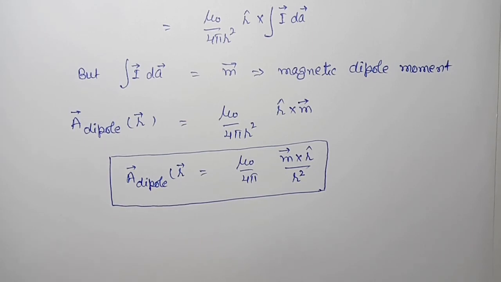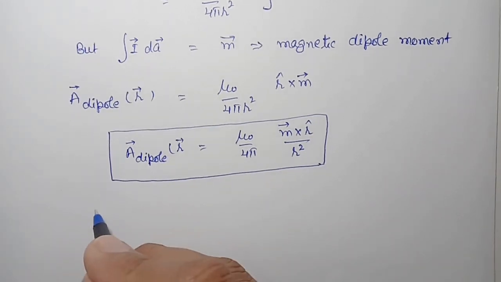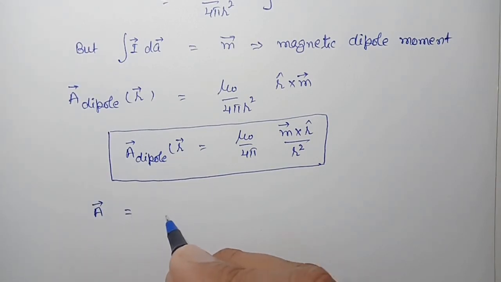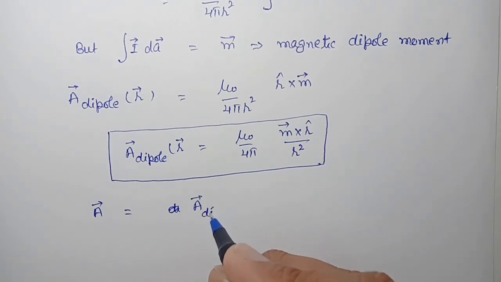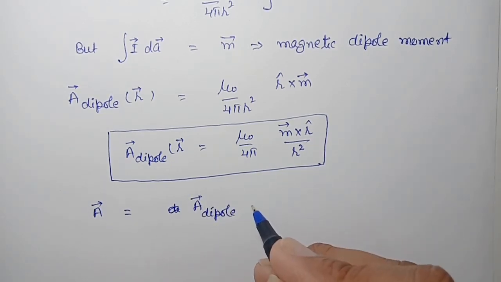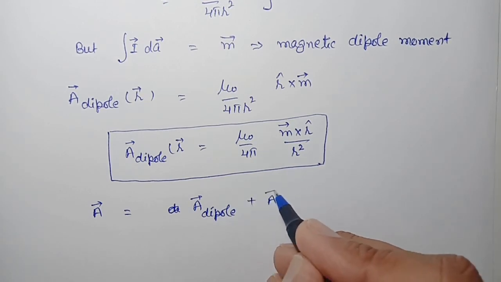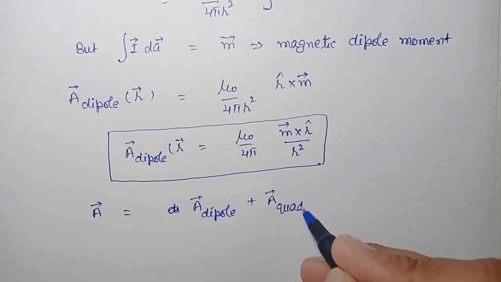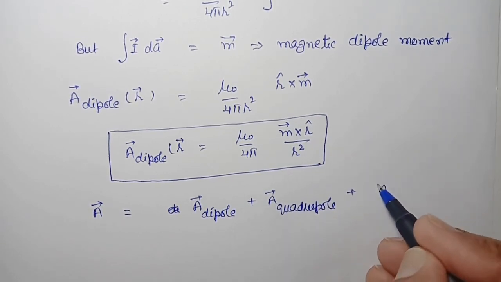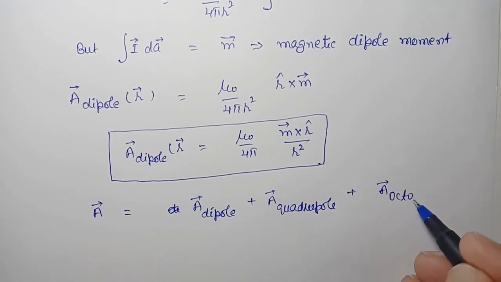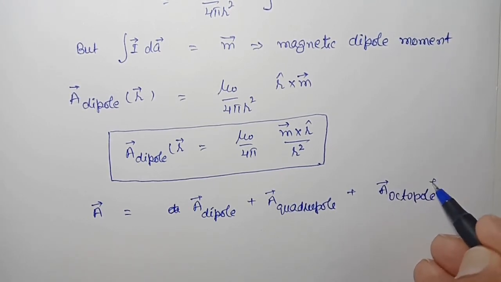So for most practical purposes we can use this relation as the vector potential, but the total potential is equal to the sum of the vector potential due to dipole, then due to quadrupole, and then due to octopole, and so on.